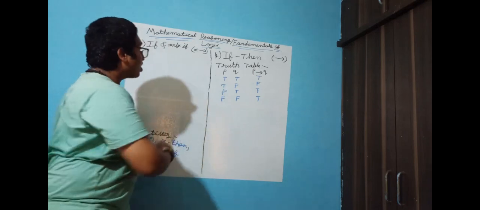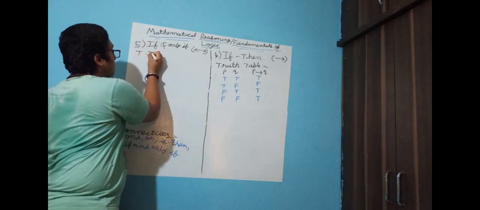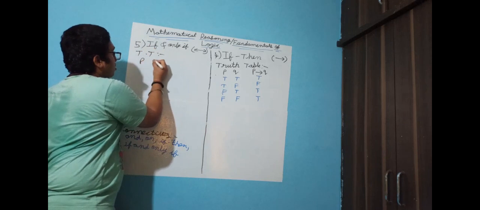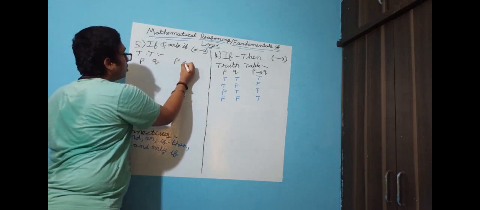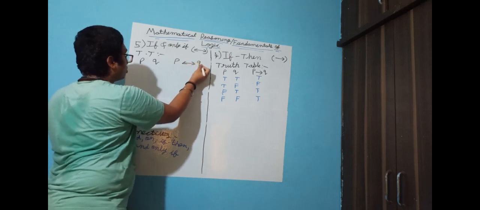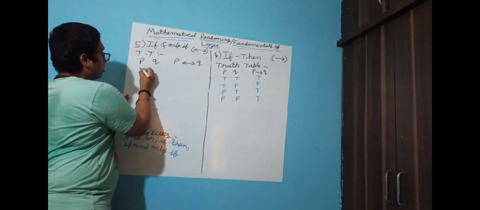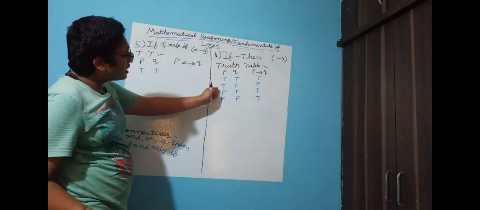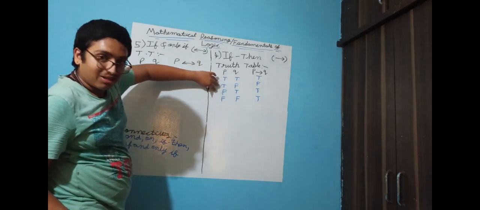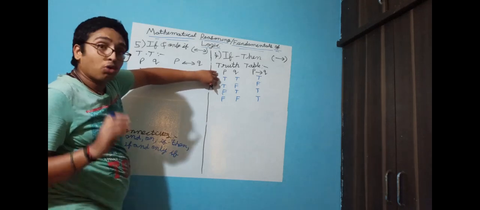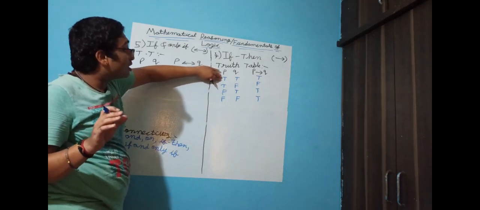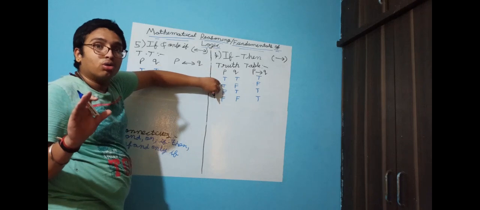Now, similarly, the truth table. P, Q, P if and only if Q. The values inside this truth table we call truth values. It does not mean that all are true.